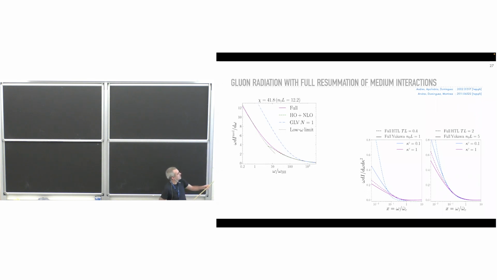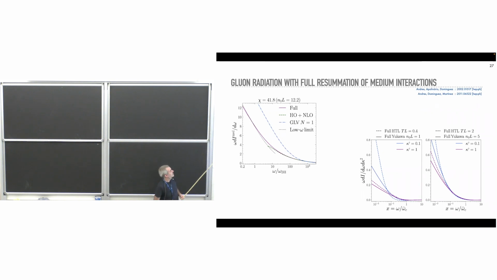The harmonic oscillator is this thing called here, funnily enough, low energy limit. So this should be right for the emission of soft gluons and completely wrong the other way. And that's exactly what happens. It's never exactly right, which is a bit disturbing, but it's not too bad.